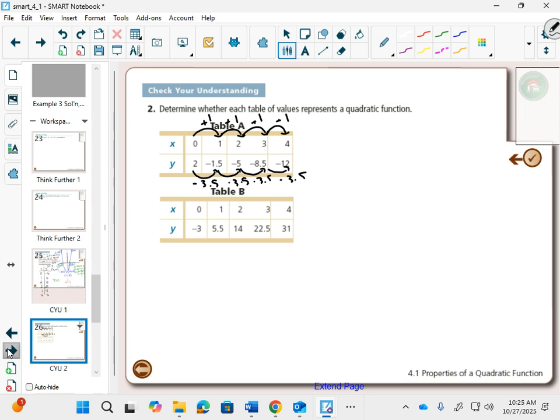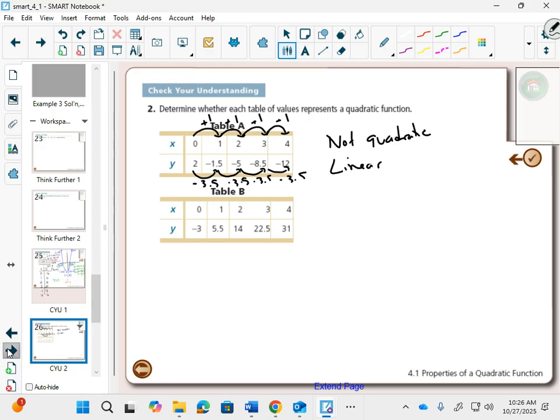Does that have the 1, 3, 5, 7 pattern? Or any multiple of it? No. This is not quadratic. Do you remember, if it's always the same, what graph that makes? A linear graph. This is a straight line. It has a slope of negative 3.5. If it's always the same, that's like over 1 up 2, over 1 up 2, over 1 up 2. That's your slope.